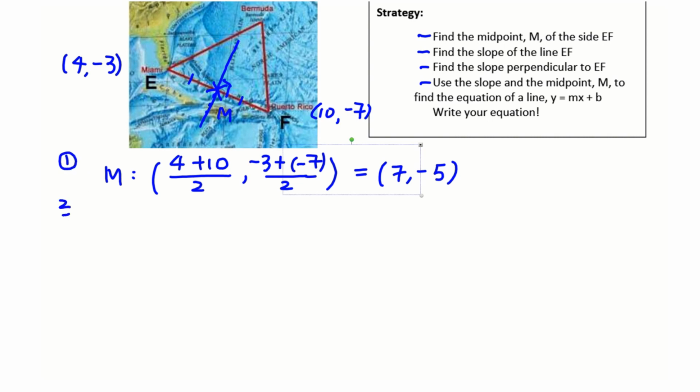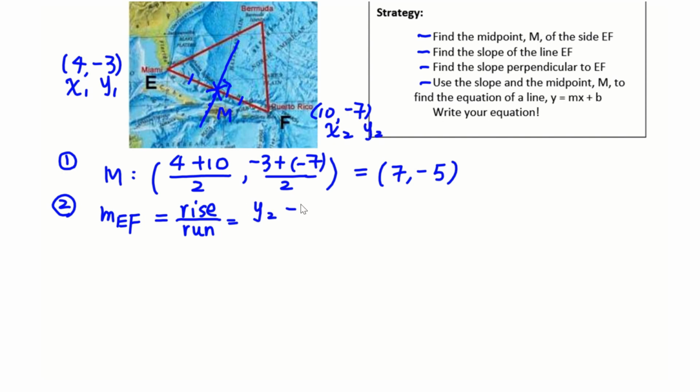And the second step, we are going to find the slope of the line segment EF. So we are going to use rise over run. The rise is the difference between the y values of the 2 points. So x1, y1, x2, y2. So rise means difference of y, and the run is difference of x.